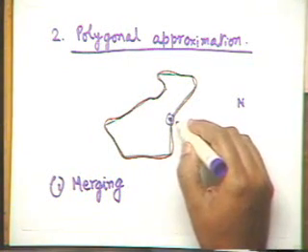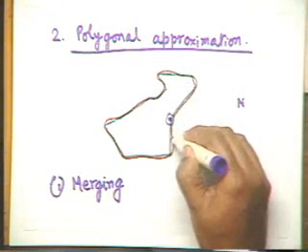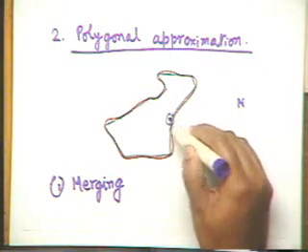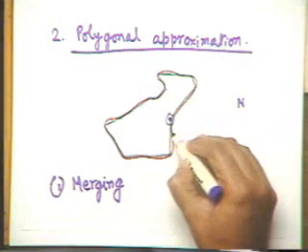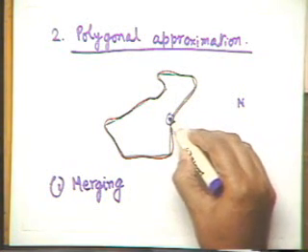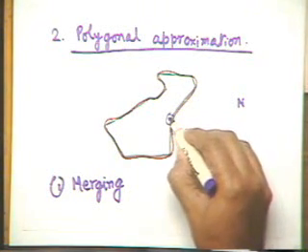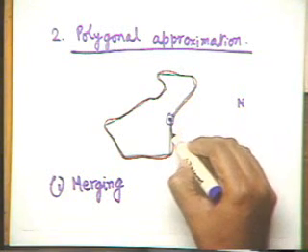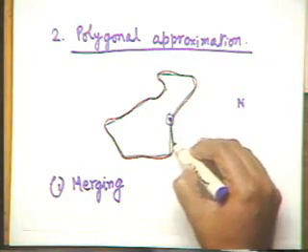Travel in one particular direction, let us say in the clockwise direction only, and you keep on merging boundary points to the starting boundary point. This is the starting boundary pixel, and to that you keep on clubbing other boundary pixels.